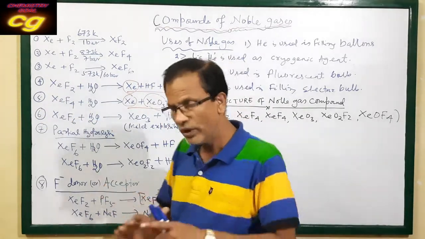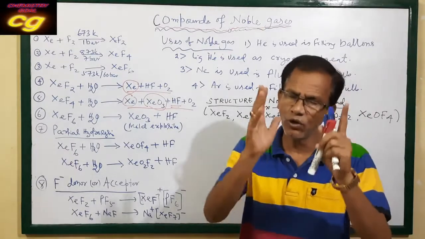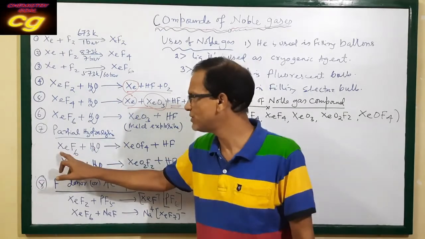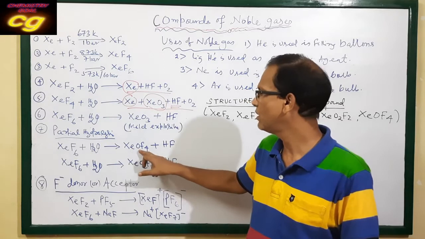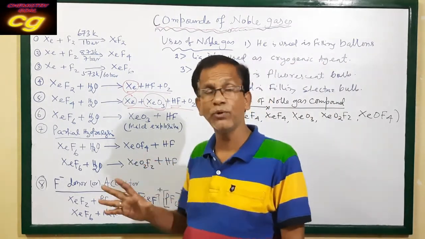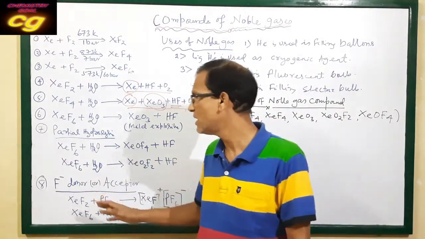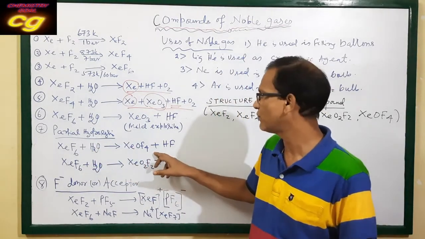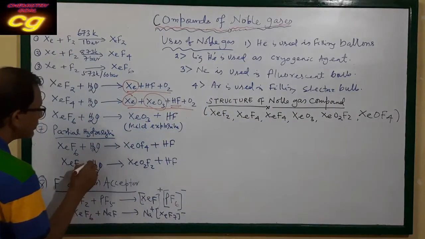Then when the fluorides of xenon undergo partial hydrolysis, when you control the hydrolysis, you see the products. For partial hydrolysis of xenon hexafluoride with water, you produce xenon oxytetrafluoride, XeOF4. Very important, it will be asked in your competitive examination. You see the difference: when you take one water molecule, it produces xenon oxytetrafluoride.